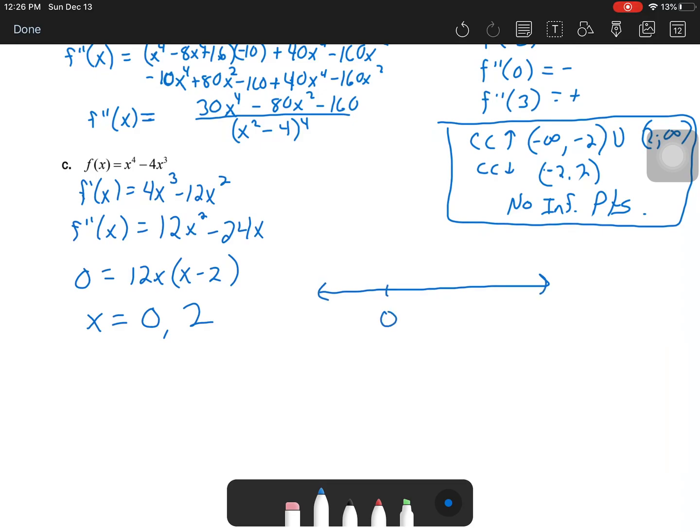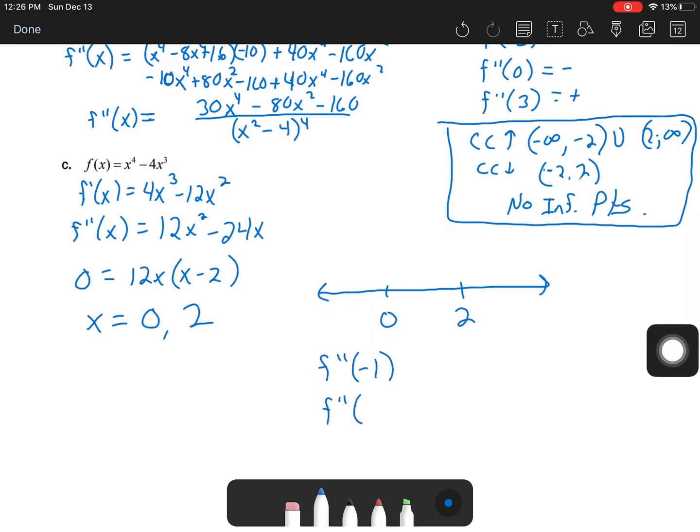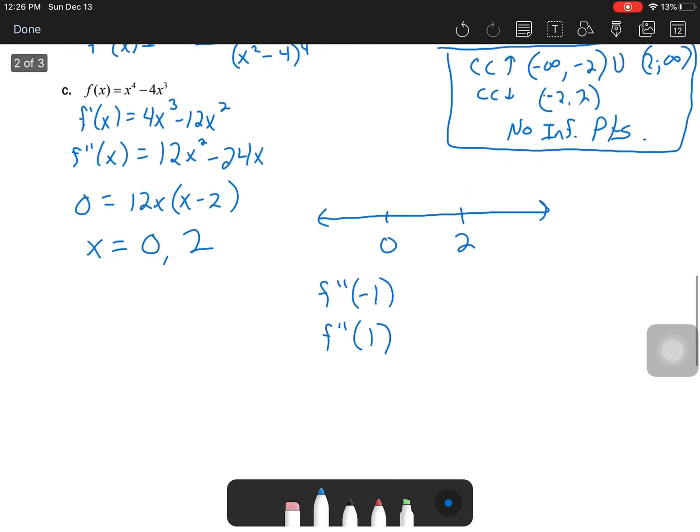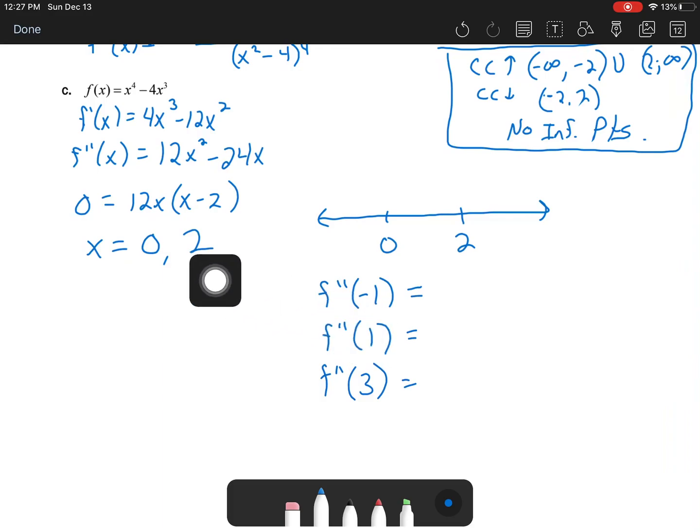When I put 0 and 2 onto my number line, I test f double prime of something in this interval, like -1, then f double prime of 1 in the middle, and f double prime of 3, just to see if they're positive or negative. If I put a -1 in here, that would be -12 times -3, negative times negative, positive.